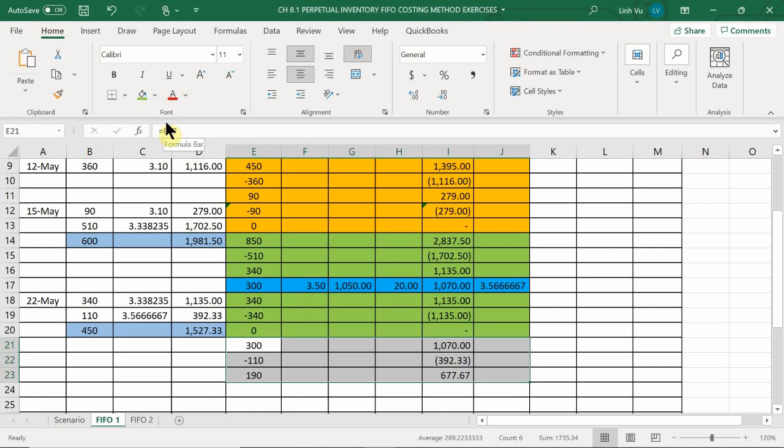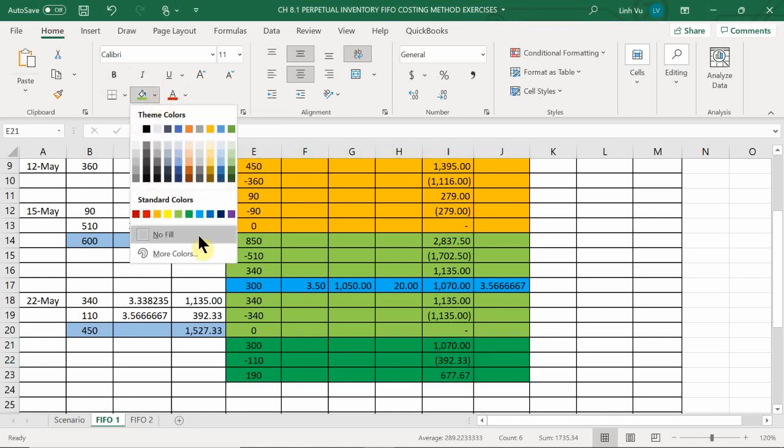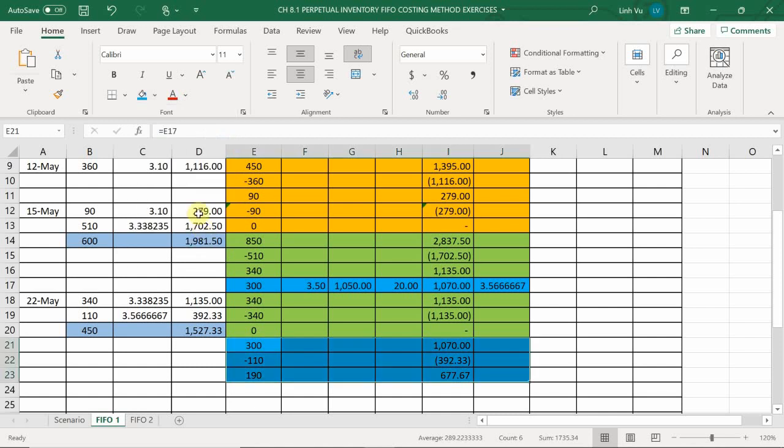So maybe I didn't use all of the decimals. In this case, it's 1070 even minus 392.33. We're not calculating the cost; I just multiply the 190 by 3.56666. So maybe that's a mistake. We have to subtract the number that we have here from 1,070.